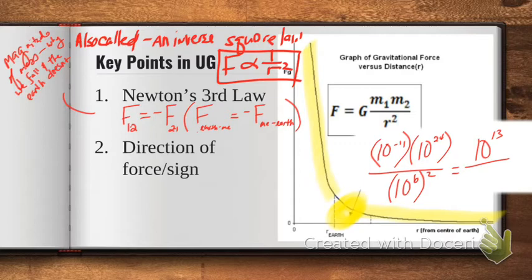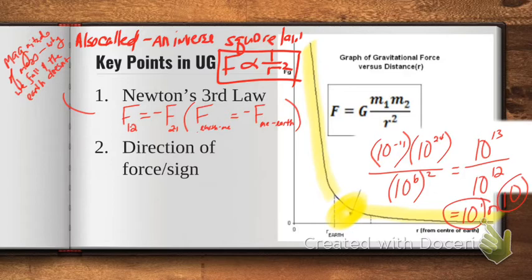So that gives us 10 to the 12th on the bottom. I reduce that down: that is 10 to the 1, or 10. So basically, on Earth, that's approximately our force of gravity.